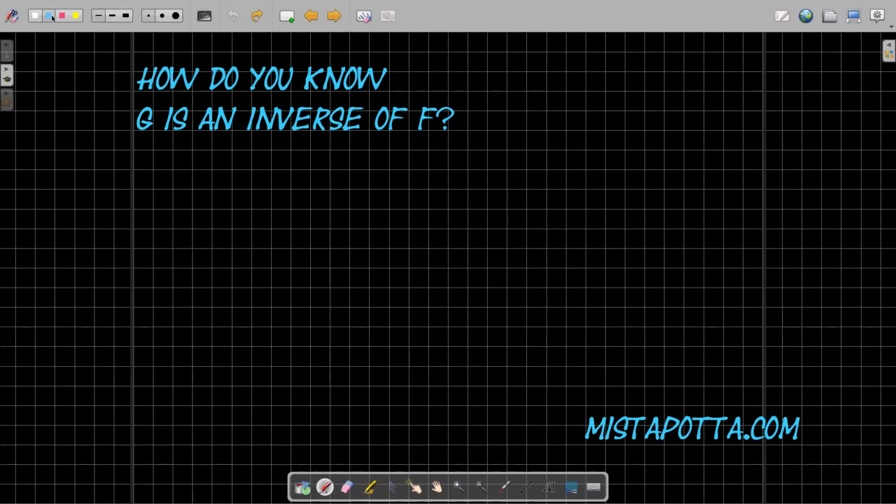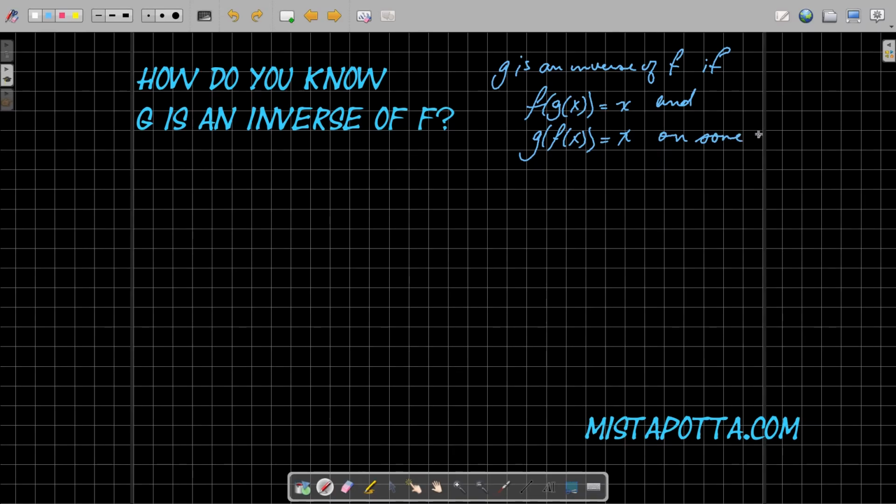So if I want to show that one function is an inverse of another function, so g is an inverse of f, if f of g of x gives me x, and g of f of x is equal to x on some domain.